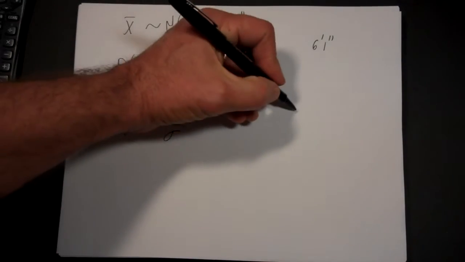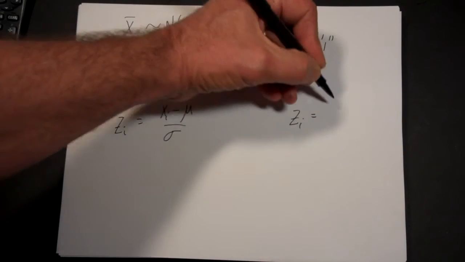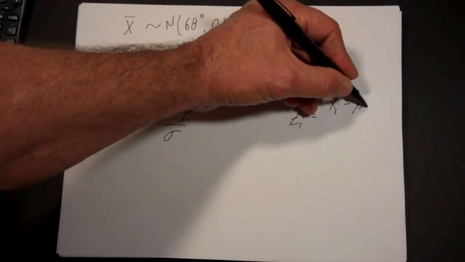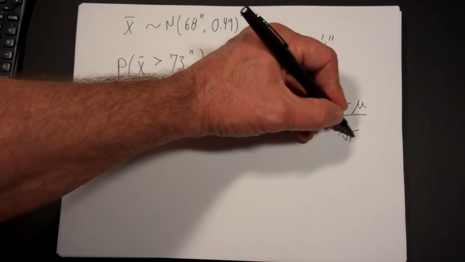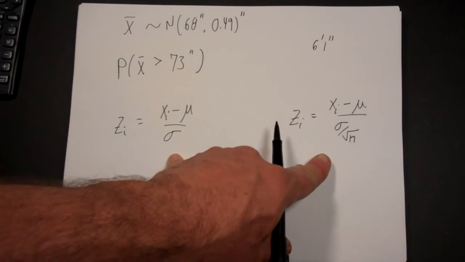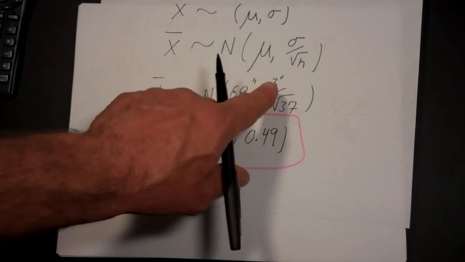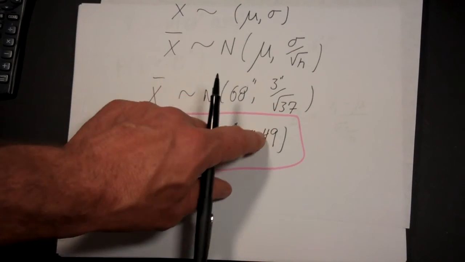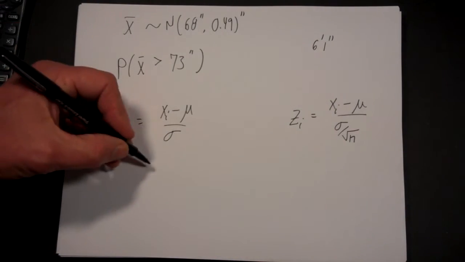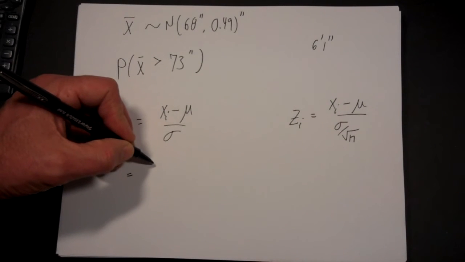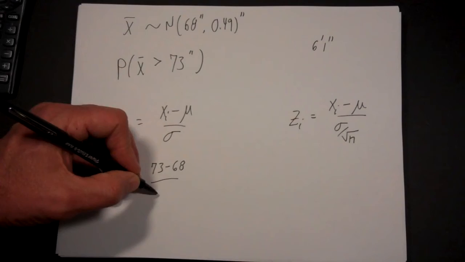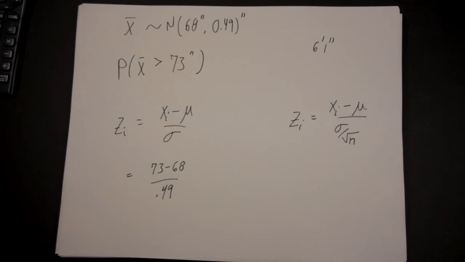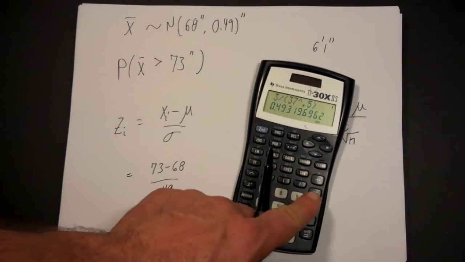Some books will write it out as z equals x bar minus mu over sigma over square root of n. It doesn't matter which notation you use. The key is which number you use. The key number is not the 3 inches, but the 3 inches divided by the square root of 37, so the 0.49. Whichever one makes more sense to you, we're going to have 73 minus 68 over 0.49. Let's plug that into our calculator.